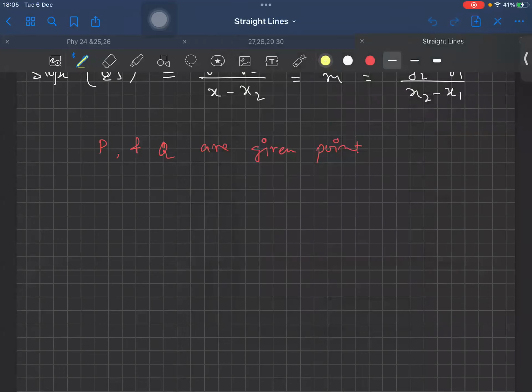Till now we have studied two types of equation of line. What are the two forms that we studied so far? Anyone please tell me. Yesterday only we have studied. Yes, Hari.